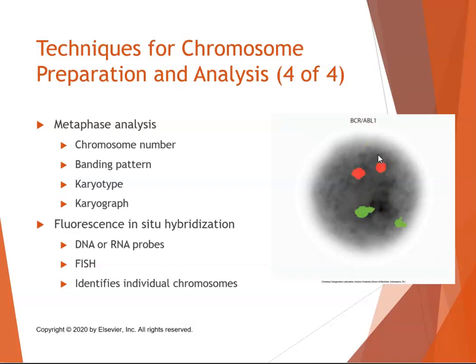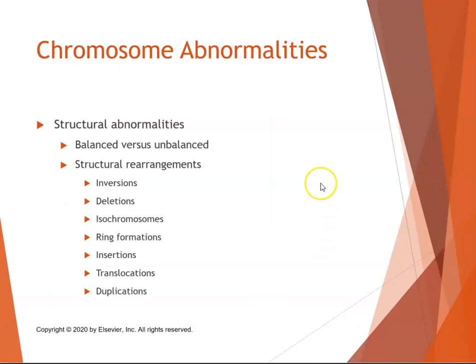We can do DNA and RNA probes using FISH techniques to help us identify certain chromosomes, which is great. This is another part of where the WHO classifications come from: flow cytometry with immunophenotyping and cytogenetics. For the chromosome abnormalities, what we look for is structural problems, and these can be either an inversion or a deletion.